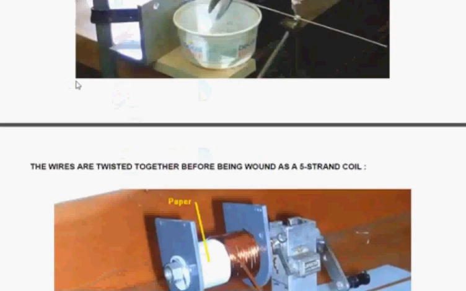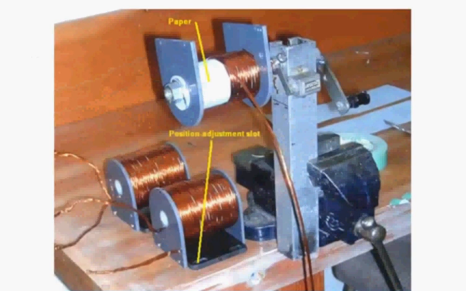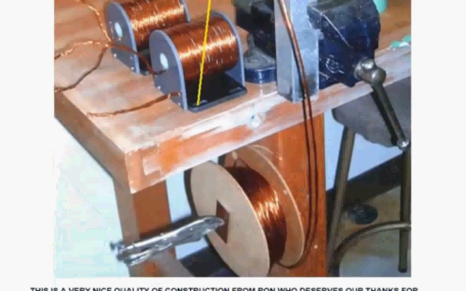I do different things. Now, the way he did it is he starts off and he twists the 5 strands of wire together to get a continuously twisted string, which he winds onto a reel.